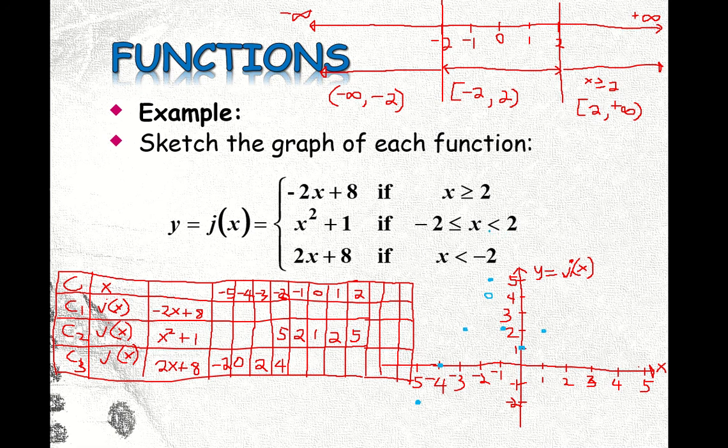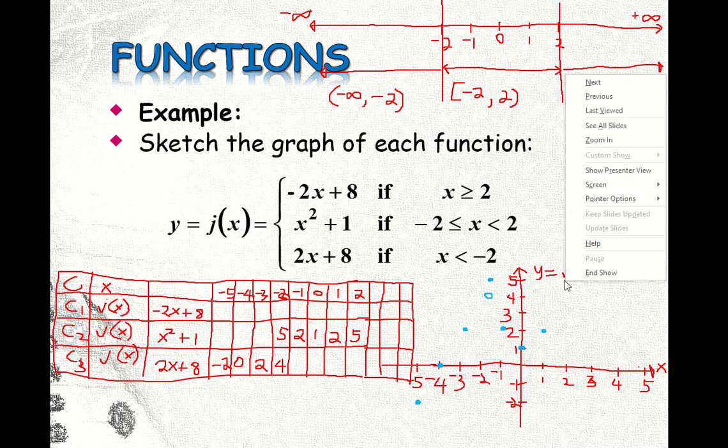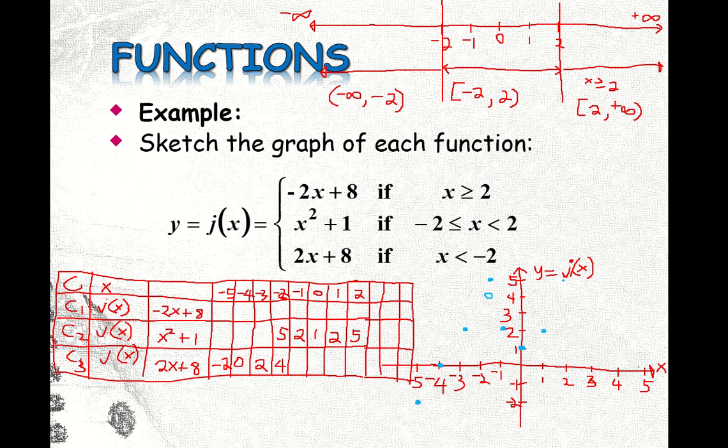Because it's not equal to 2 but less than 2. So when x equal to 2, then g sub x is 5, but this time this is a hollow.